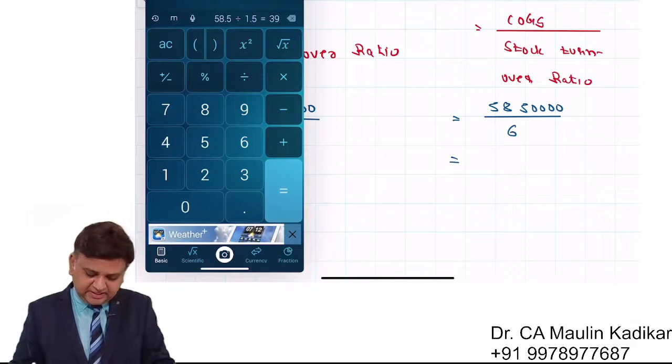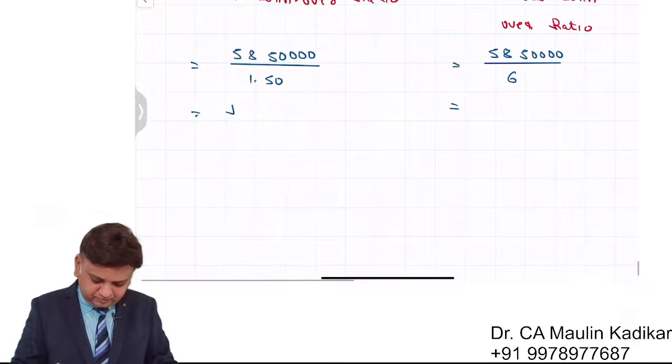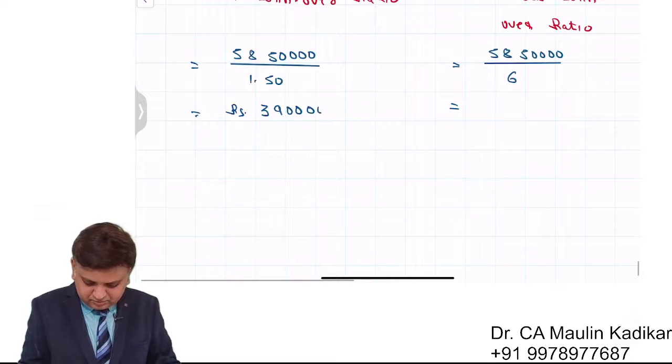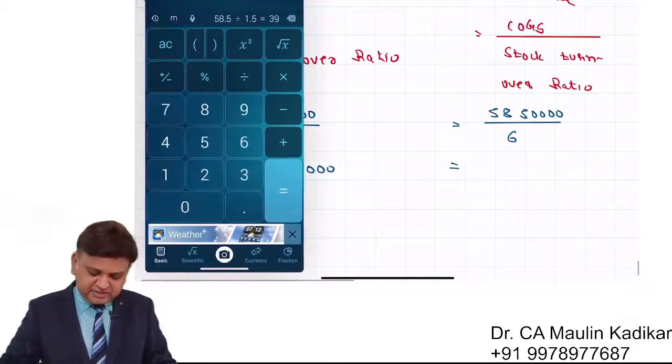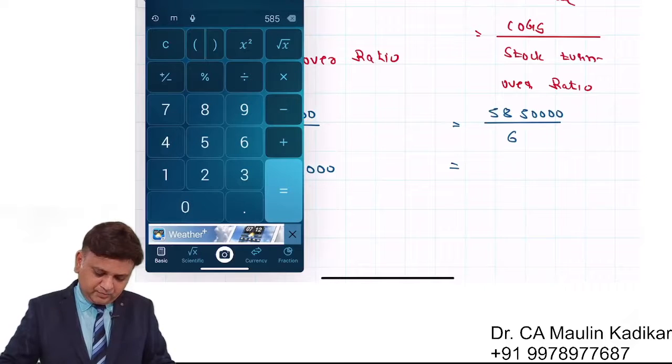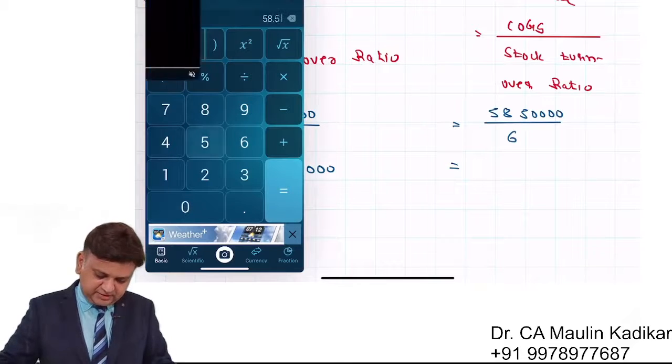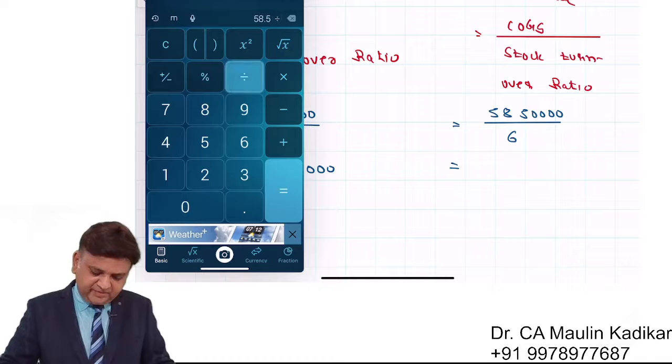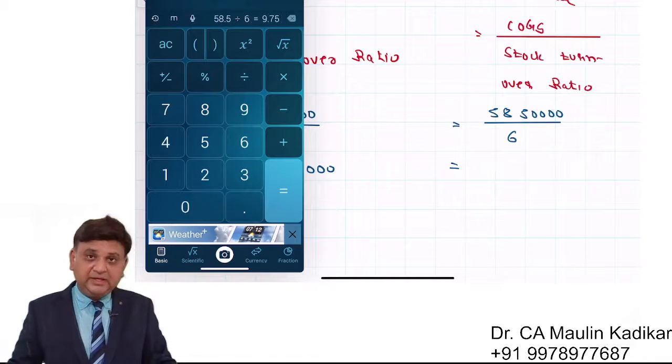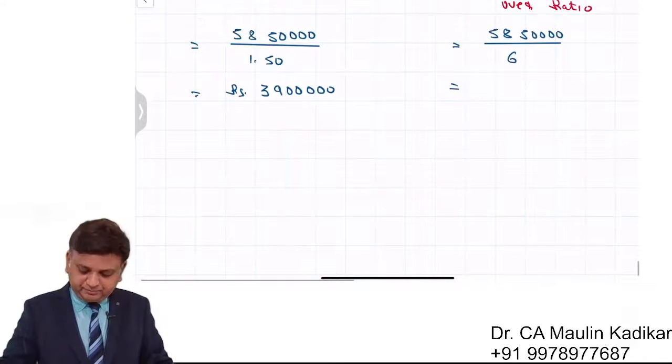So it is 39 lakhs. And for the next one it is 58.50 lakhs divided by 6, 9,75,000.